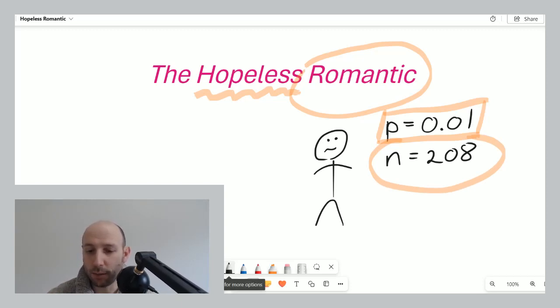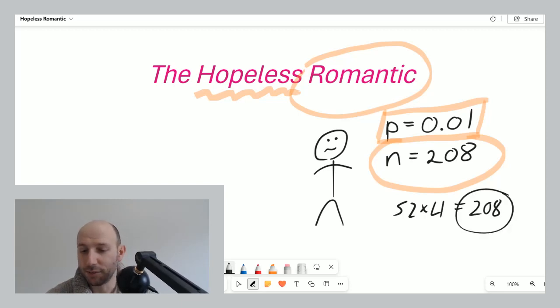Where that number comes from is you've got 52 weeks a year, and if they go out 4 times a week, which is quite a bit, that brings us to 208. So the binomial experiment is one where something is attempted n number of times, like they go out 208 times, and each time ends in either success or failure, right? So they either meet someone or they don't.